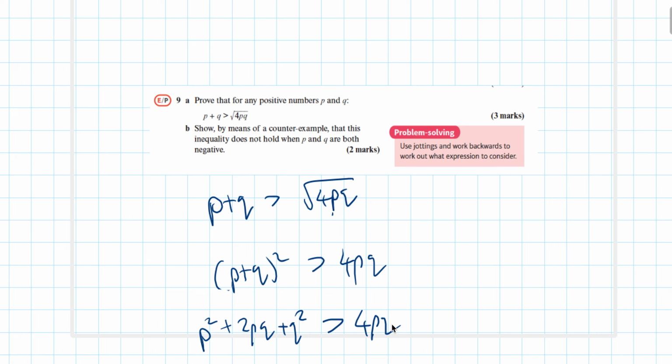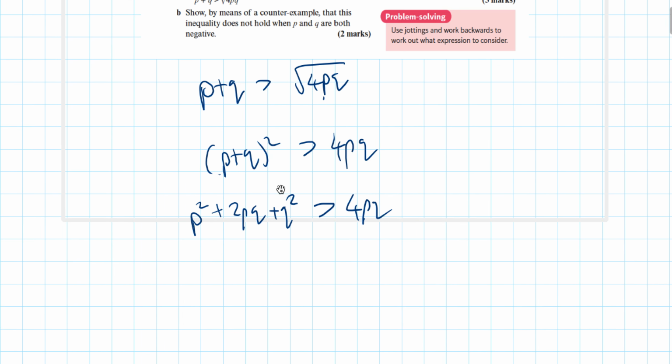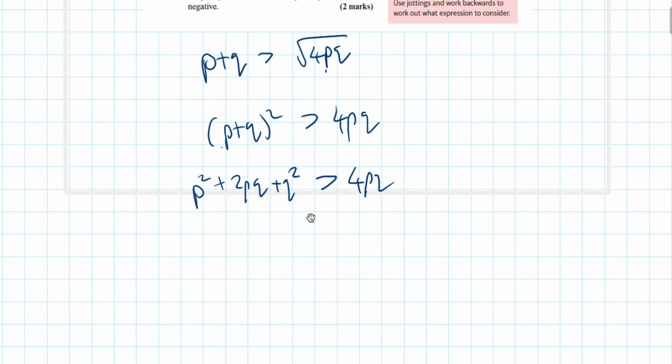Okay, so from here we need to think about how we are going to get this result. Let's go back and check on the proof for any positive numbers.